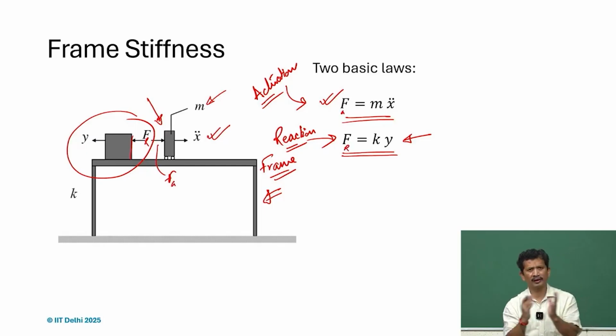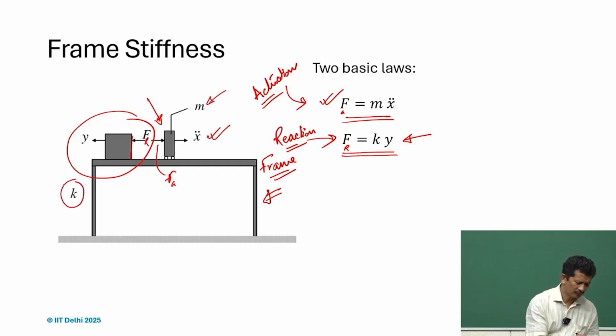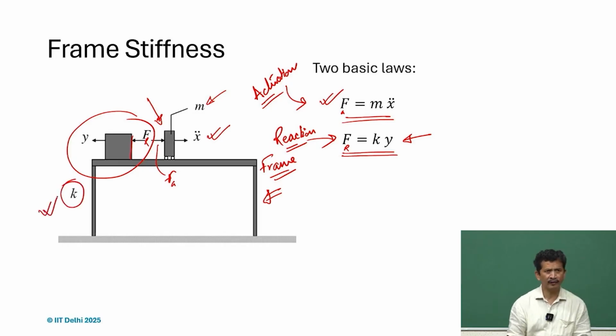The body can accelerate, but at the same time the same force is acting on the frame, and the frame is static. It might be moving also, but in this case it is static. Because of this stiffness K, the frame stiffness, it will deflect. So, there will be a deflection.